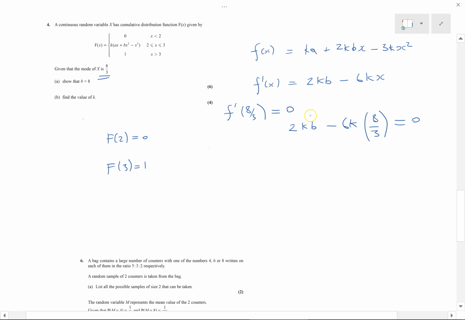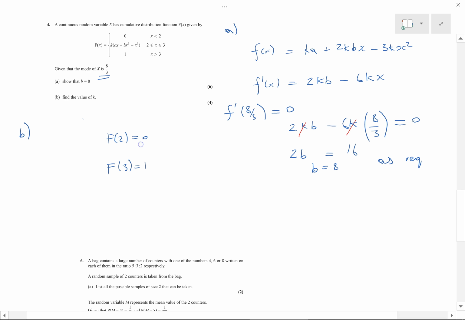And the k's cancel, and we just get 2b equals 16. So that gives us b equals 8 as required for part A. And then for part B, as I've just alluded to, we're going to use these two facts to work out our k and our a in the other 2 bits.